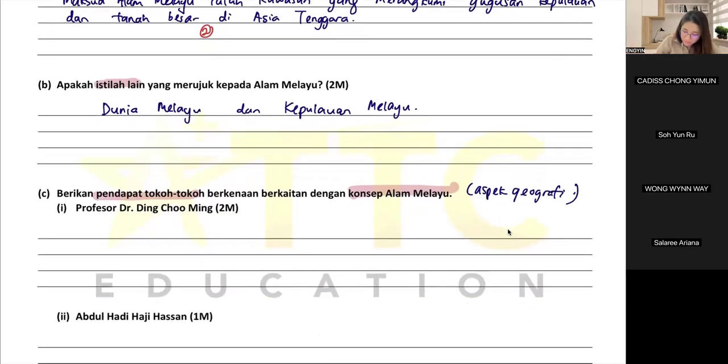So everybody, can you guys tell me? What did Professor Dr. Ding Chu Ming say? So Professor Dr. Ting Chu Ming said that the Malay area, the Malay world is big or small? It's very big.